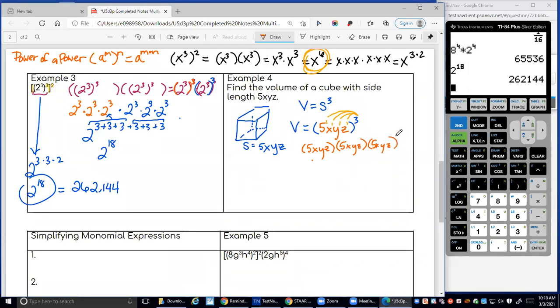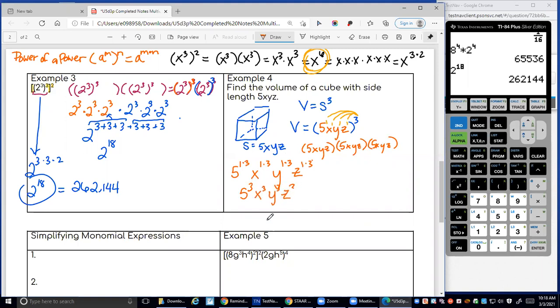A real common mistake was people didn't know what to do with the coefficient. Well, the coefficient is being multiplied 3 times, right? So that's essentially the same as saying 5 to the power of 1 times 3, and x to the power of 1 times 3, y to the power of 1 times 3, and z to the power of 1 times 3. And you end up with 5 to the third, x to the third, y to the third, z to the third.